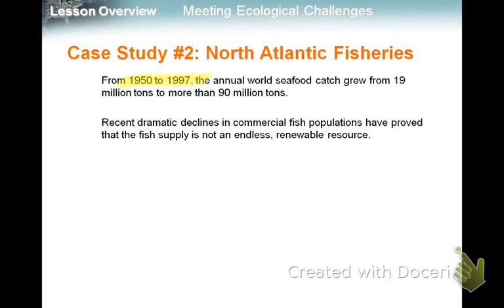Overfishing. From 1950 to 1997, seafood catch grew a huge amount, from 19 million tons to more than 90 million. Declines in fish populations have proved that the fish supply is not renewable.